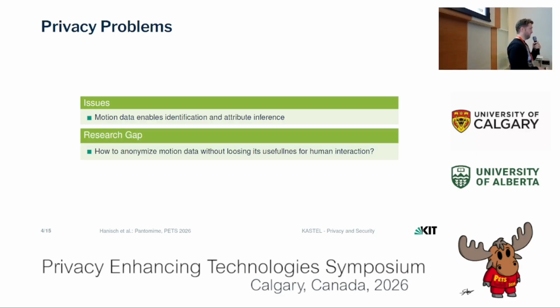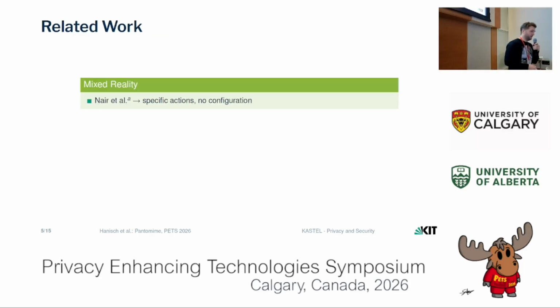And our research gap: how can we get these animations and these nice motions that we want, because they greatly enhance social interaction in these spaces, if we can transmit our nonverbal cues without giving away our identity?